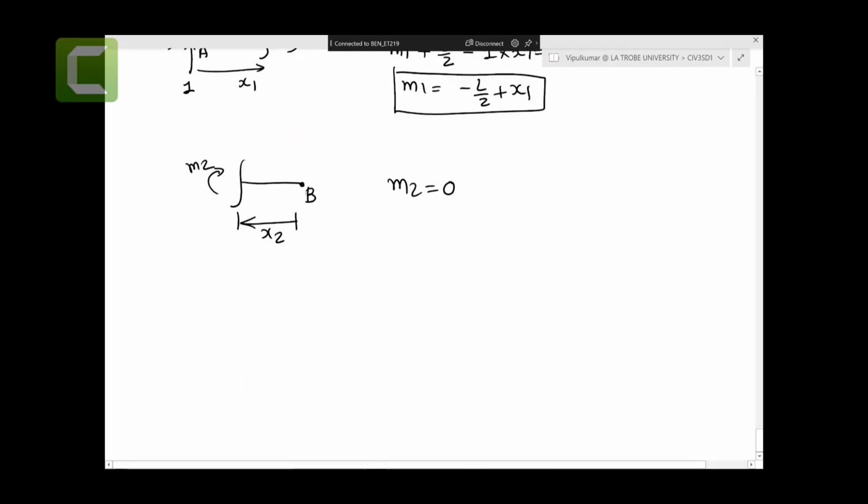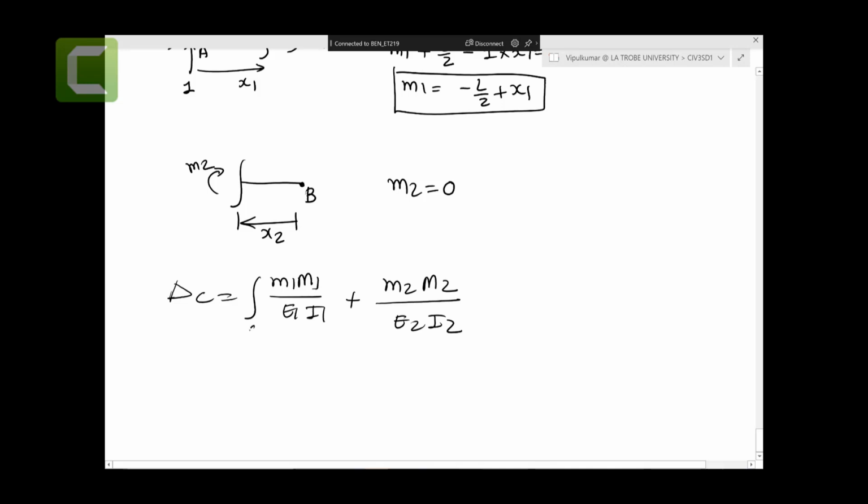Now very simple equations: delta C equals the integral of small m1, capital M1 over E1 I1, plus small m2, capital M2 over E2 I2. And I think there is an integration. Someone might ask why we do integrations. I can explain that.